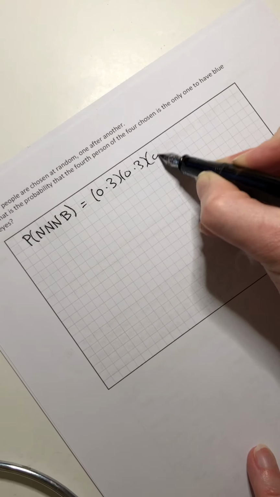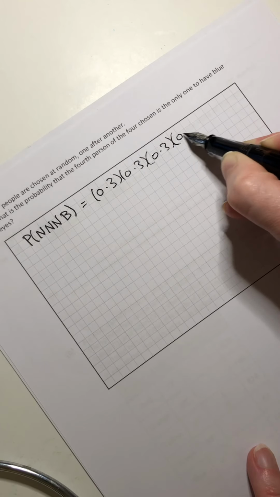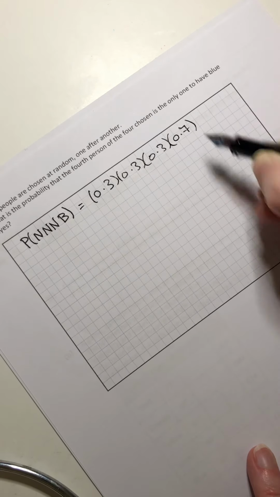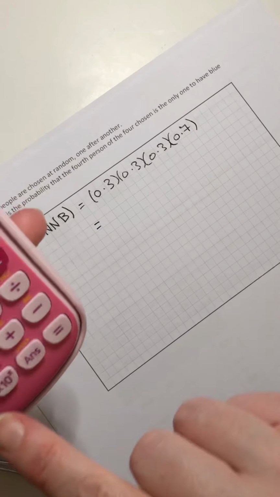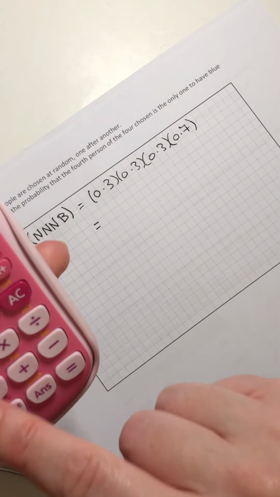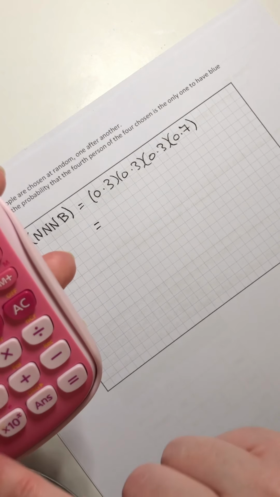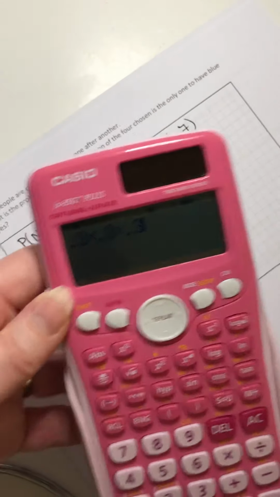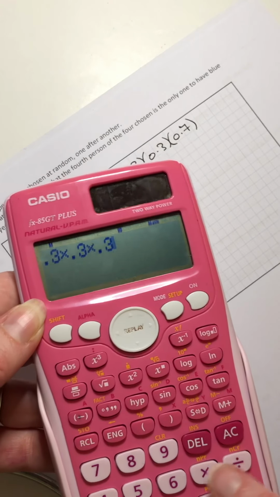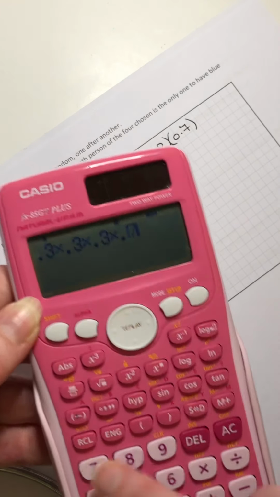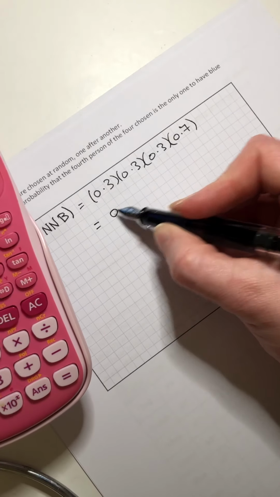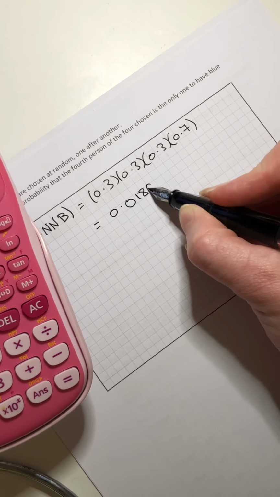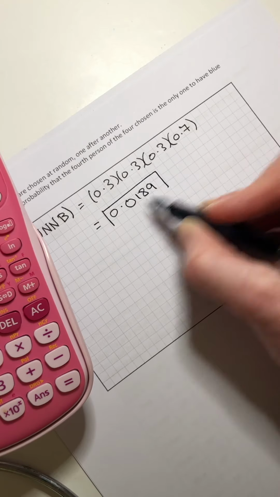And we multiply those 3 probabilities together and the 4th different probability. So we multiply all 4 probabilities together because they are independent events, which means that and means multiply. 0.3 by 0.3 by 0.3 by 0.7, which gives me 0.0189. And that's the final answer.